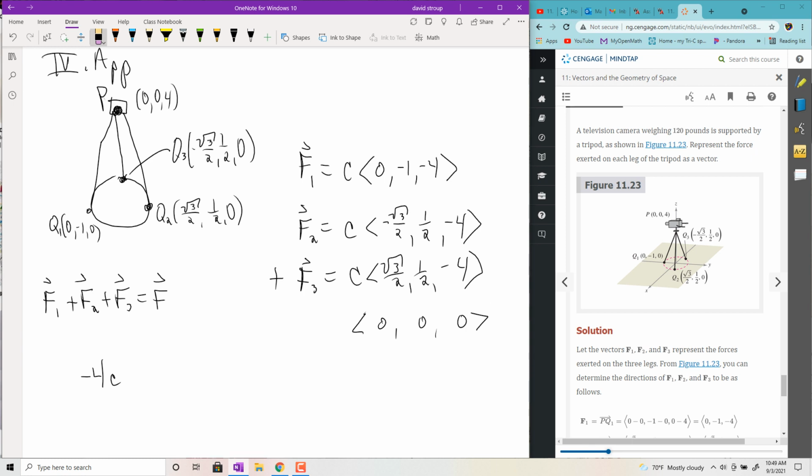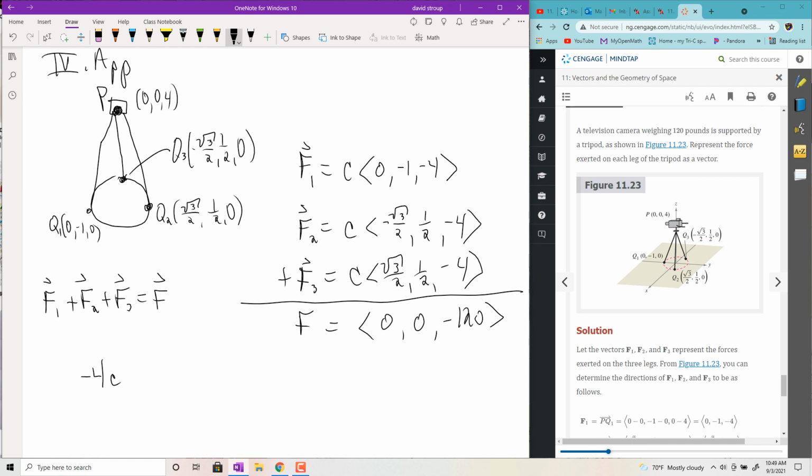So if you add these together, then you're going to get the force vector 0, 0, negative 120.